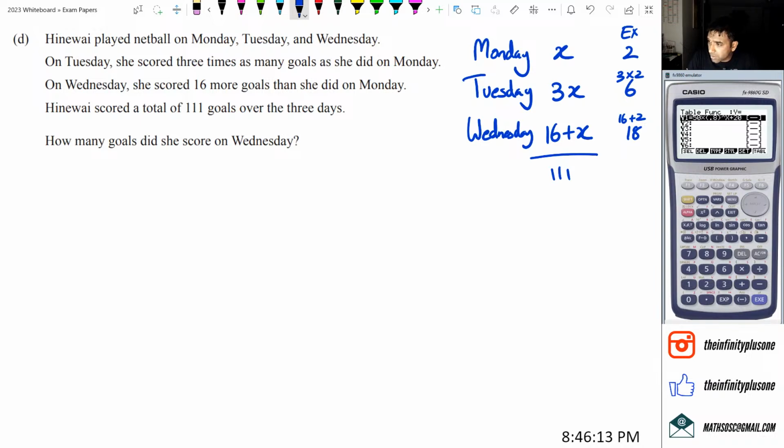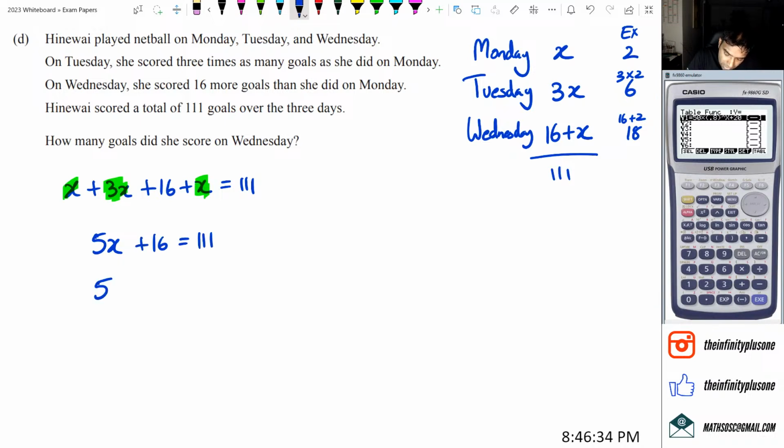So I can write this as an equation now: X plus 3X plus 16 plus X equals 111. Count the number of X's, 1, 3, and 1 more, which is equal to 5X plus 16 equals 111.